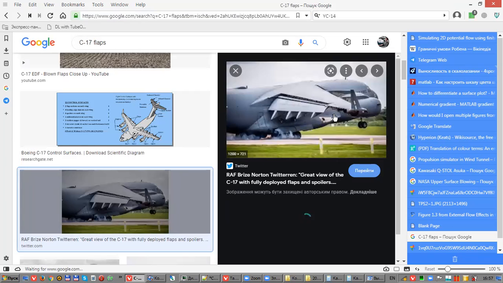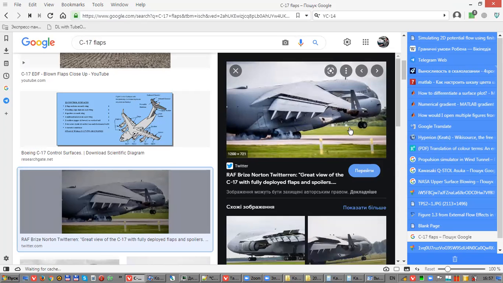Also, look at this picture. Jet engine very close to the lower surface and wide slots, and jet exhaust from the engine goes into these slots and increases lift at the flaps. So the main difference from the first configuration: there, the jet stream acts not only at the flaps but at the surface of the wing constantly.